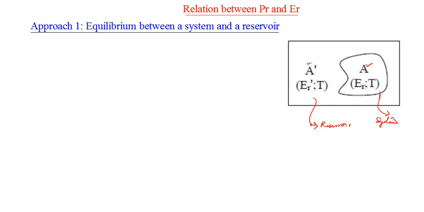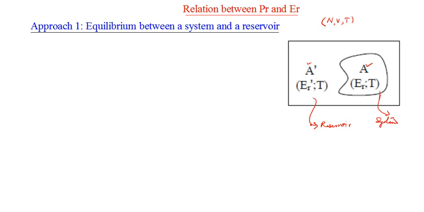Any system in canonical ensemble is characterized by the macrostate N, V and T. Means the temperature of the system should be maintained constant. In order to maintain the temperature constant, the system is allowed to exchange energy.